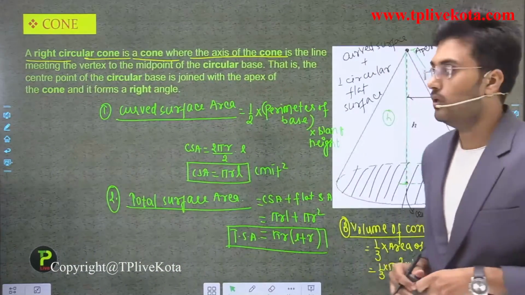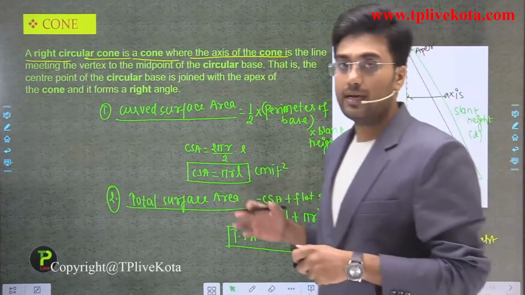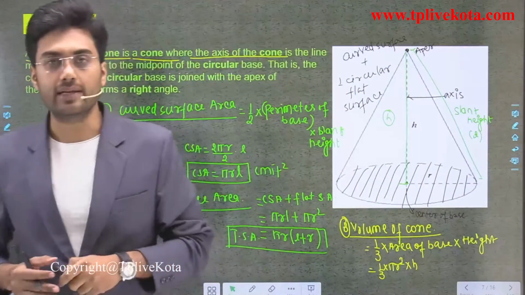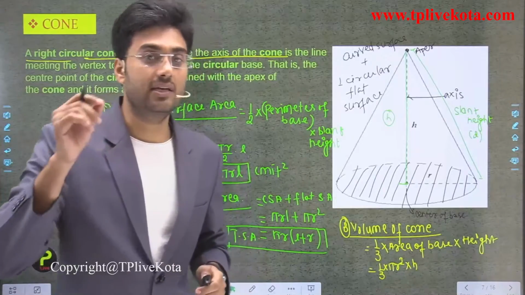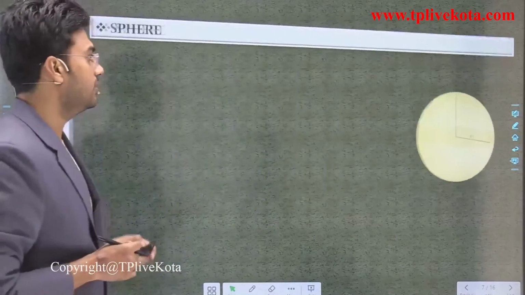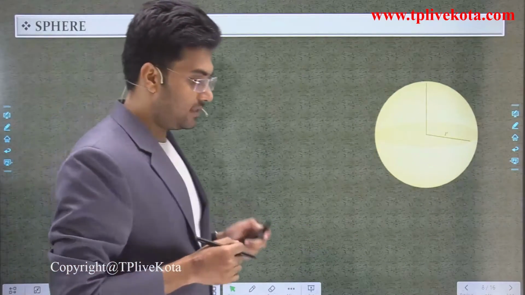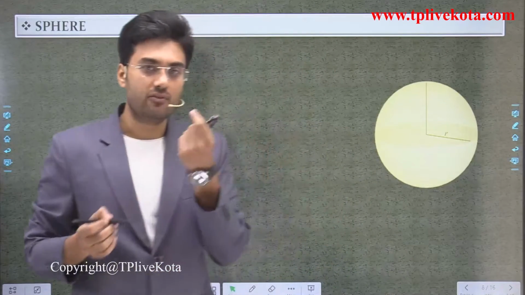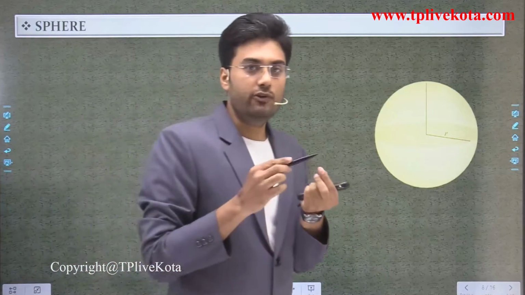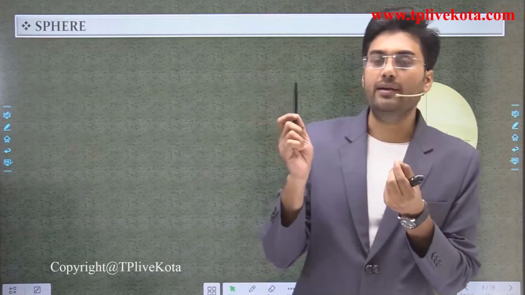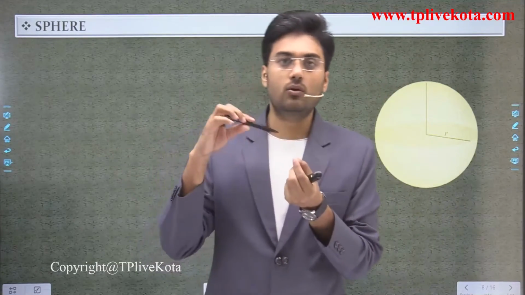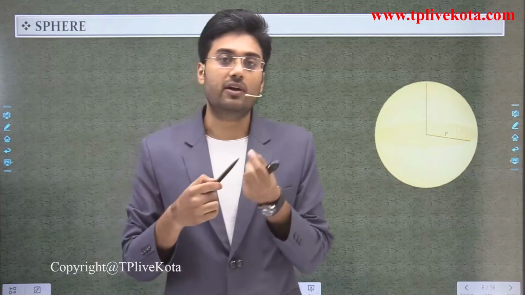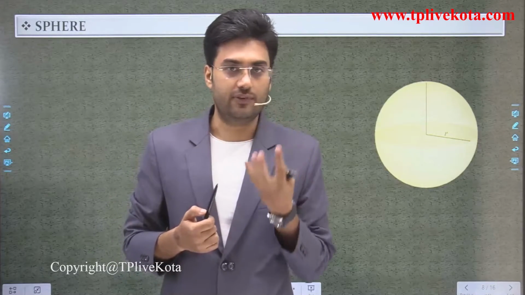Clear? So now students, after the right circular cone, let's move to the next solid, that is sphere. And students, what is the sphere? Sphere is what? If we have a fixed point and if we join all the points in all directions, then what will we get? We get sphere. Okay.